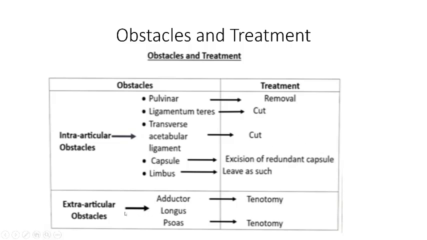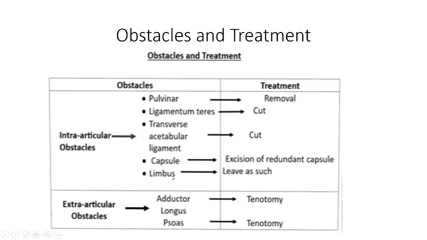Obstacles are of two types: extraarticular obstacles and intraarticular obstacles. Extraarticular obstacles are the muscles, adductor longus and psoas, and intraarticular obstacles are pulvinar, ligamentum teres, transverse acetabular ligament, capsule, and limbus.